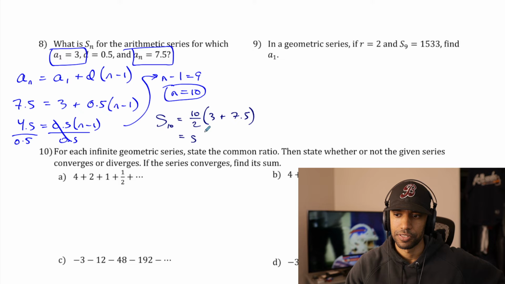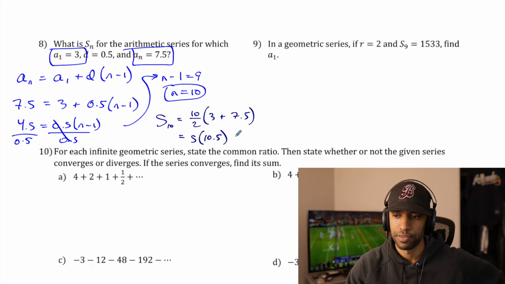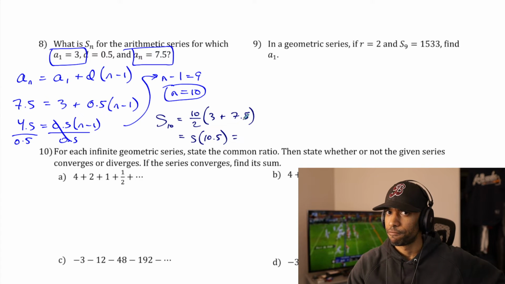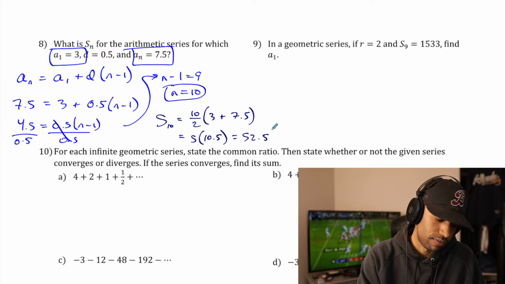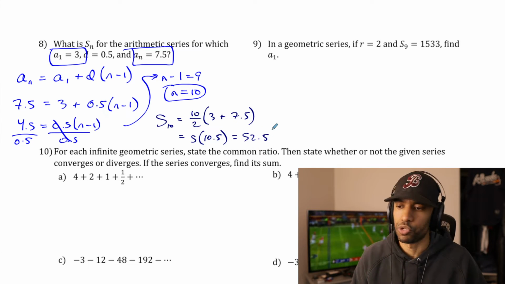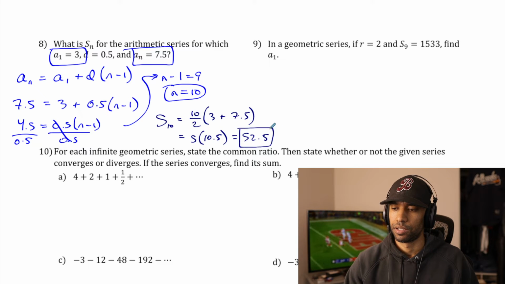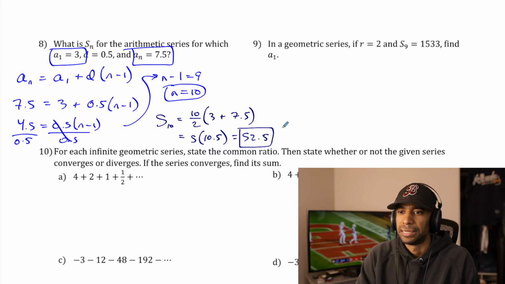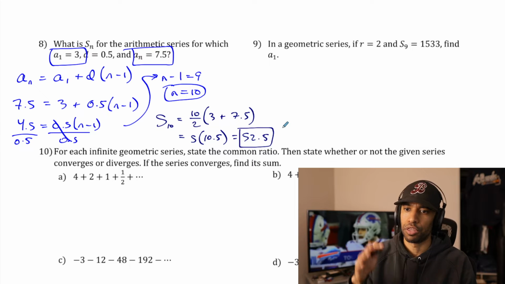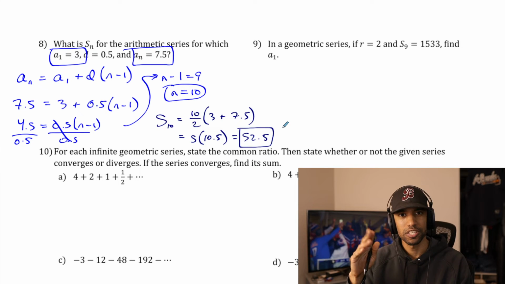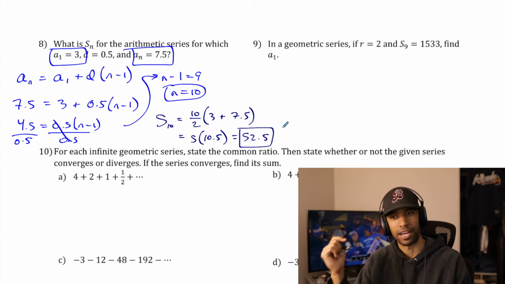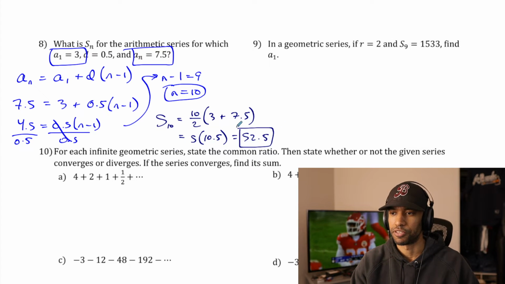So it's 5 times 10.5, which is 52.5. I'm going to double check that. 5 times 10.5, 52.5. Right there. That is the sum of basically 3 plus 3.5 plus 4 plus 4.5 plus 5 plus 5.5 plus 6 plus 6.5 plus 7 plus 7.5. Those 10 terms added together give us that.